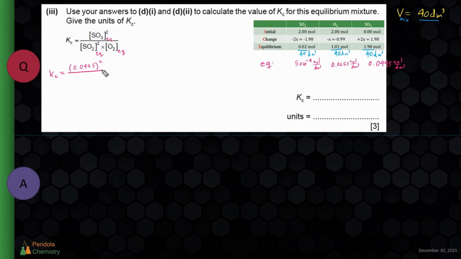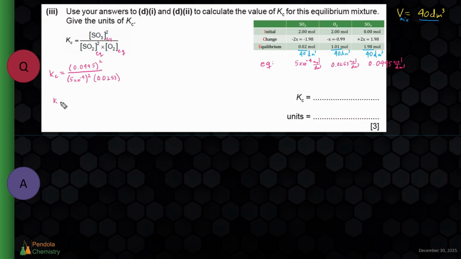That's divided by the concentration of SO2 at equilibrium, which is 5 times 10 to the negative 4, squared as well, times the concentration of O2, which is 0.0253. This is not squared because O2 had a coefficient of 1.